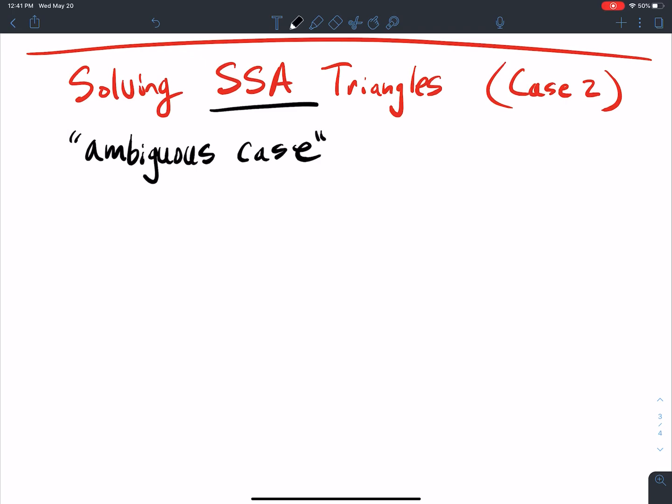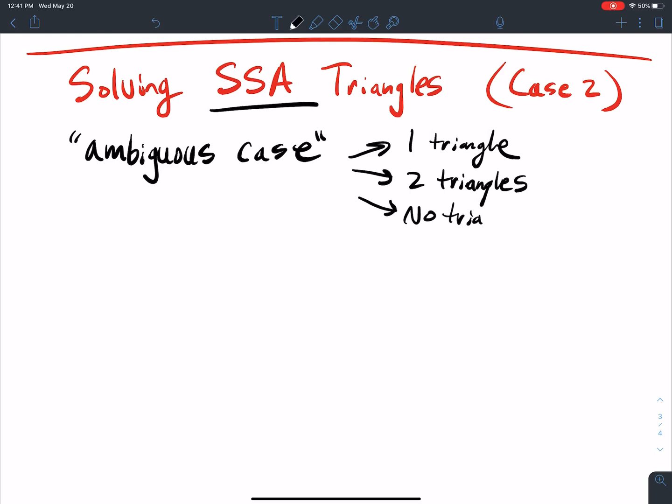Because the known information could result in one triangle, could result in two different triangles, and it could result in no triangle at all. Okay, so suppose that you had sides A and B and some angle that are given.